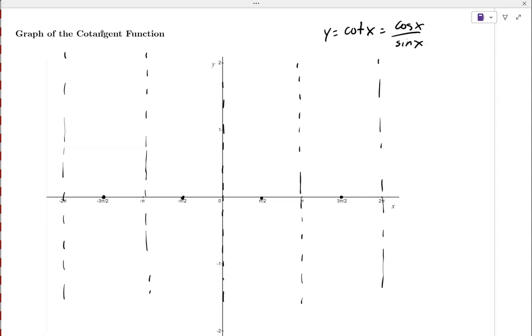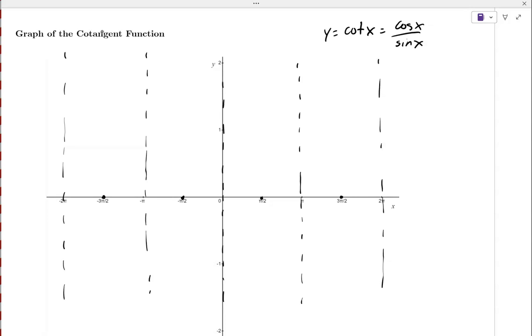So should we go up or down, if it's going to be positive? Up, right? Because I have to have positive outputs. The values coming out of cotangent should be positive, so they should be above the x-axis. So it goes this way.